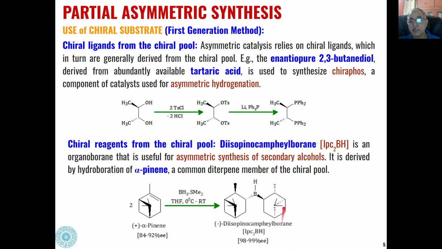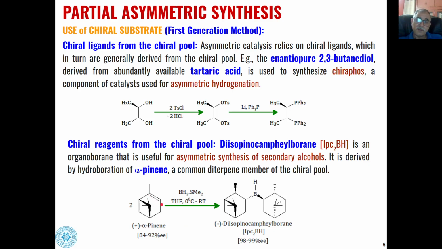Similarly, this diisopinocampheyl borane is an optically active catalyst which is used for asymmetric synthesis of secondary alcohols from the corresponding carbonyl compounds through hydroboration oxidation reaction, and this can be synthesized again from a chiral substrate of the chiral pool, that is alpha pinene.